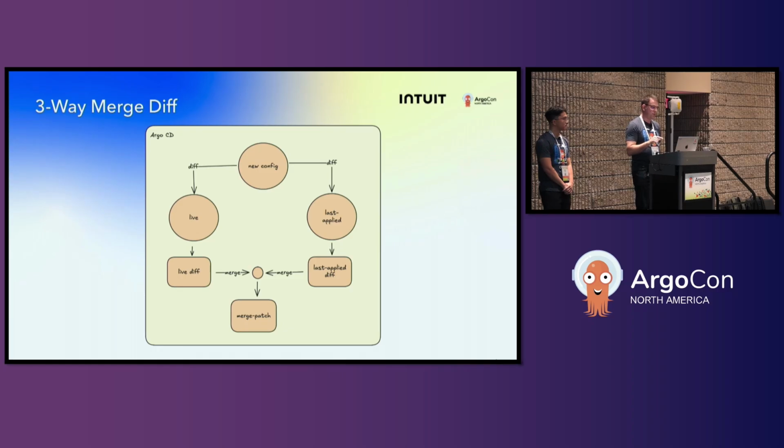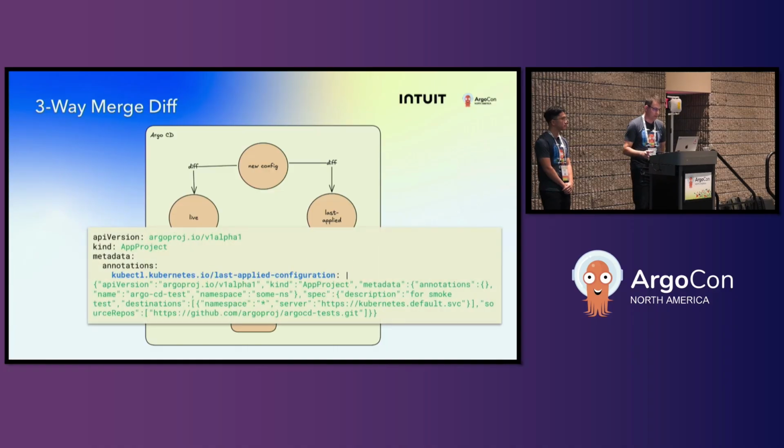At the same time, parallel to that, it will apply the same logic, but on top of the last applied configuration annotation. So if you don't remember, that's not a problem. Almost every Kubernetes resource, and I'm saying almost because I'm going to get back to this in a second, has this annotation here.